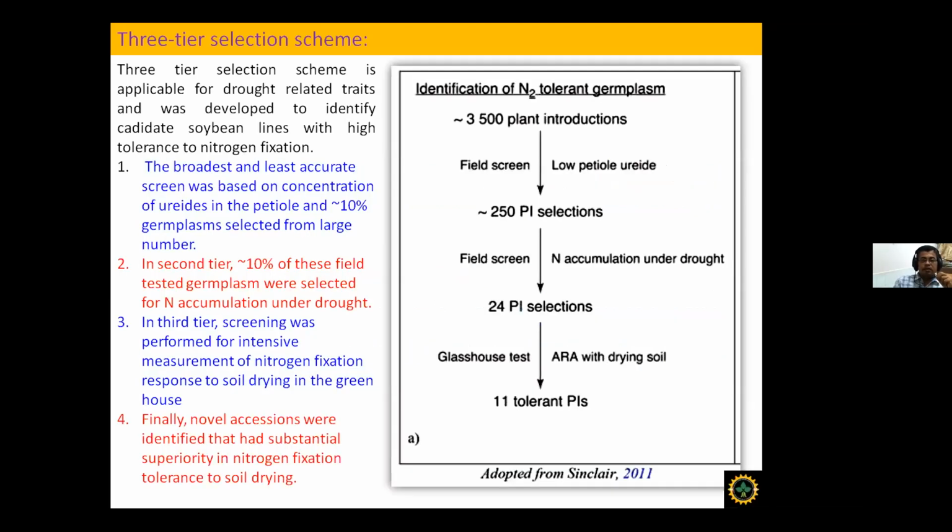The three-tier selection scheme is applicable for drought-related traits and was developed to identify candidate soybean lines with high tolerance to nitrogen fixation.